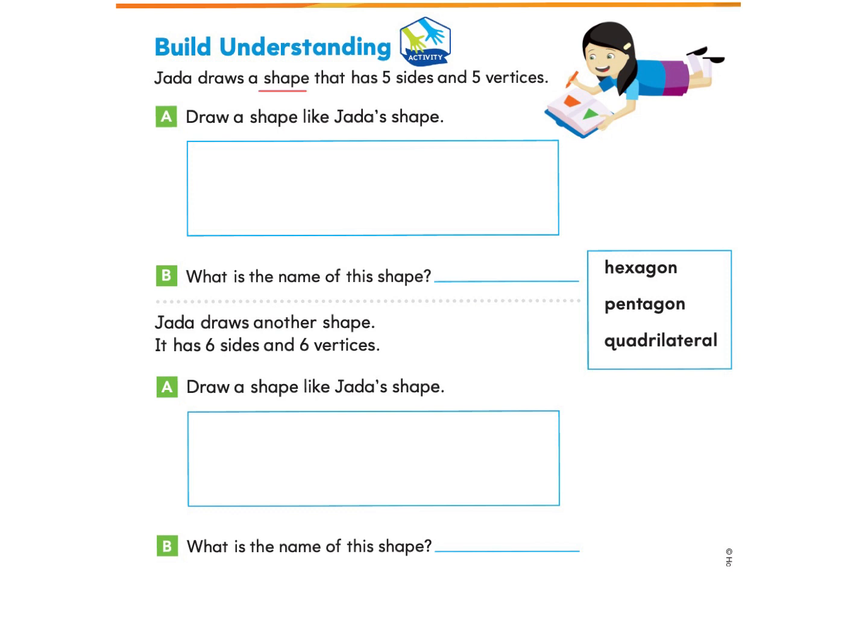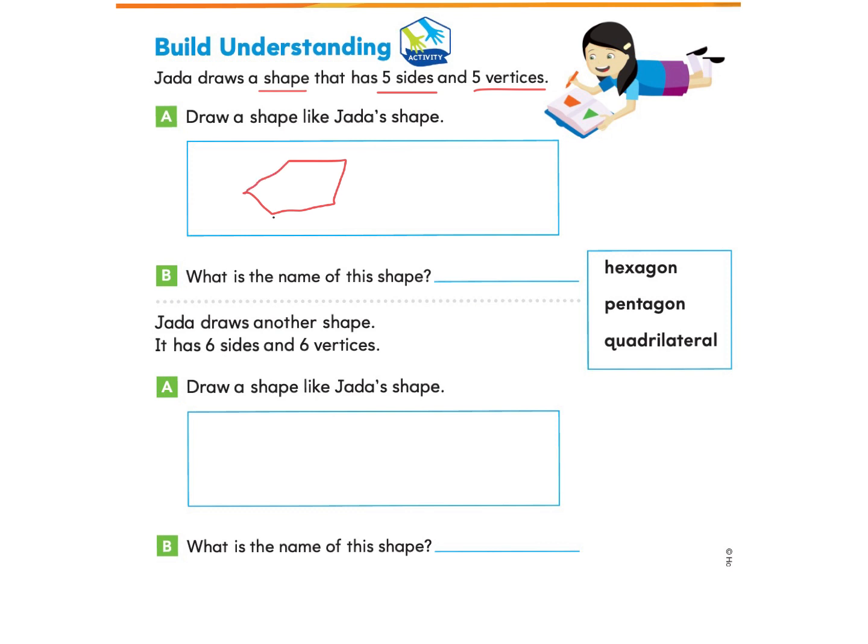Jada draws a shape that has 5 sides and 5 vertices. Part A asks us to draw a shape like Jada's shape. Okay guys, if you want to pause and try this on your own, you may do so, or you can also follow along with me. So I know Jada's shape has 5 sides and 5 vertices. So I will create a shape that has 5 sides. 1, 2, 3, 4, 5. And I will check my work.